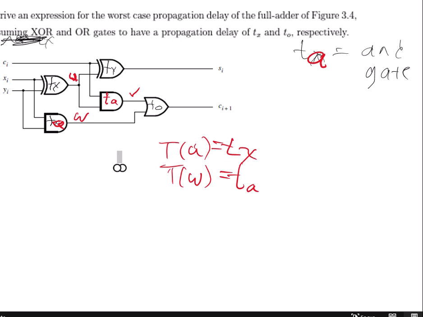So the time at V is going to be the maximum. So we have two things coming into it. It's going to be the maximum of either just the signal C and U, and the maximum of those is going to be U, because C doesn't take any time. So the time at V is going to be the time of U plus TA. The time at U we said was Tx, so this is Tx plus TA.